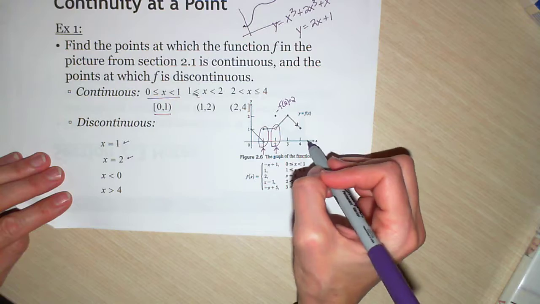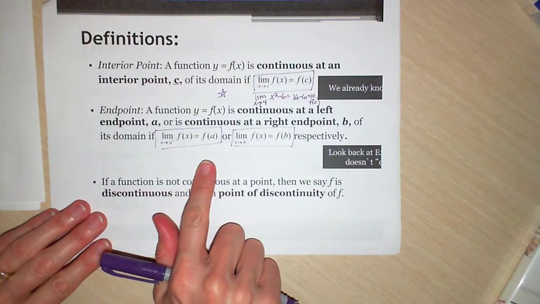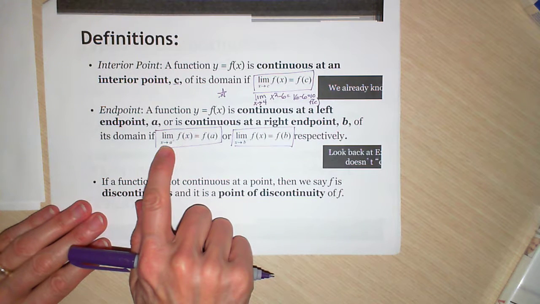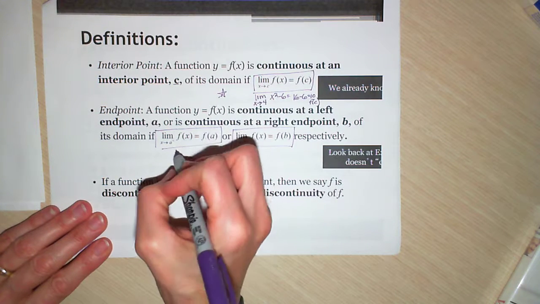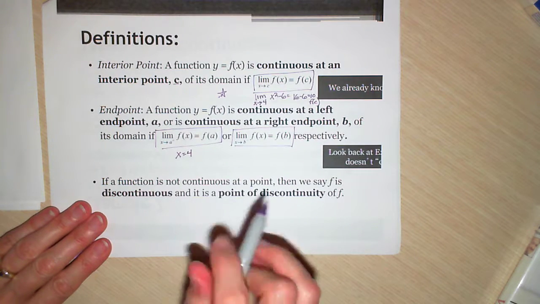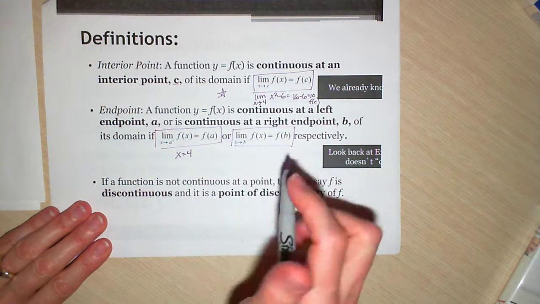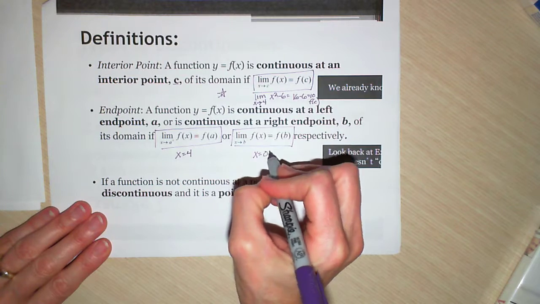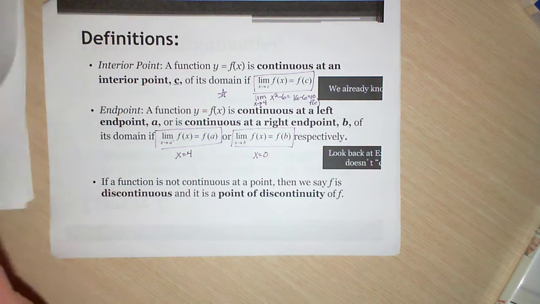But I don't have anything from the right-hand side. So that's what this is saying right here. If I'm approaching it from the right-hand side, in our example this would be like our x equals 4 endpoint. And if I'm approaching from the left-hand side, this would be like that x equals 0 endpoint.